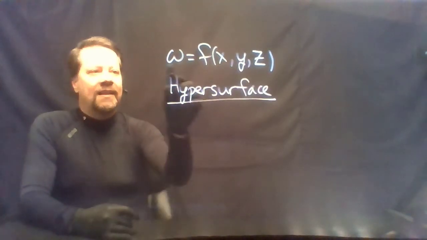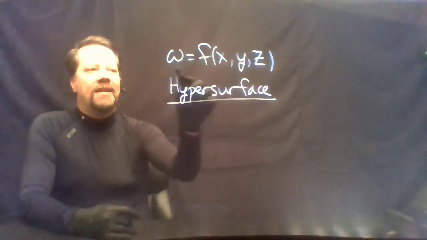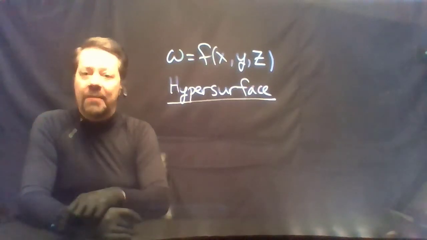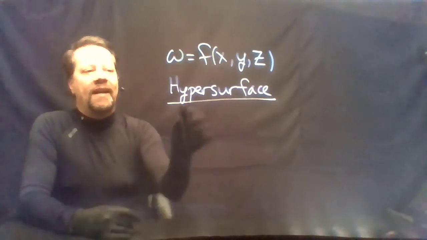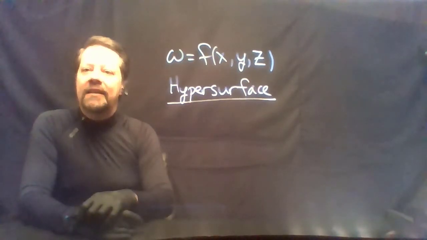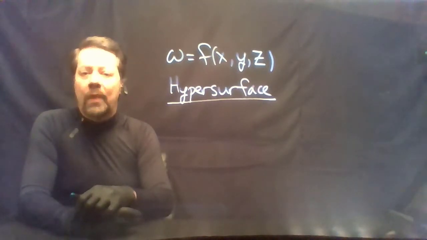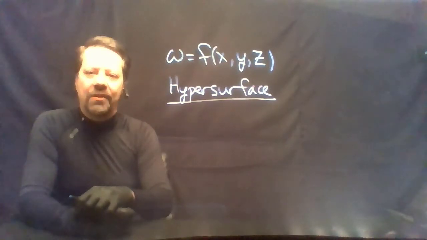In fact, any expression of this form ends up being 1 dimension less than the 4-dimensional variables that you have. A hypersurface, more generally, is a surface of codimension 1. That means 1 dimension less than the space that you are embedded in.